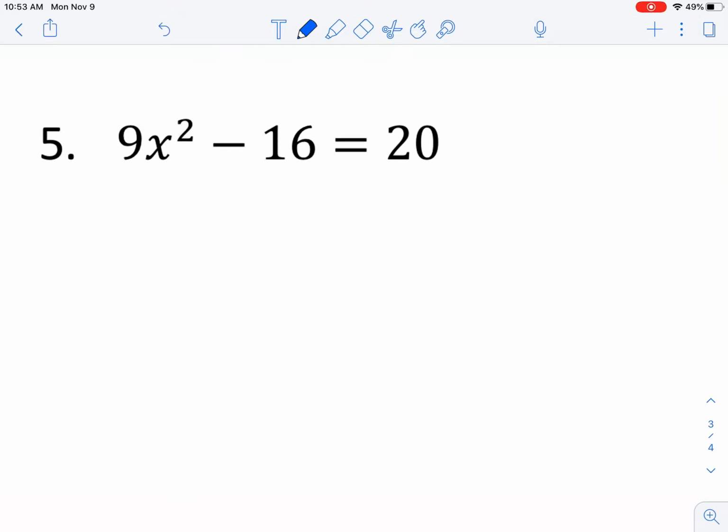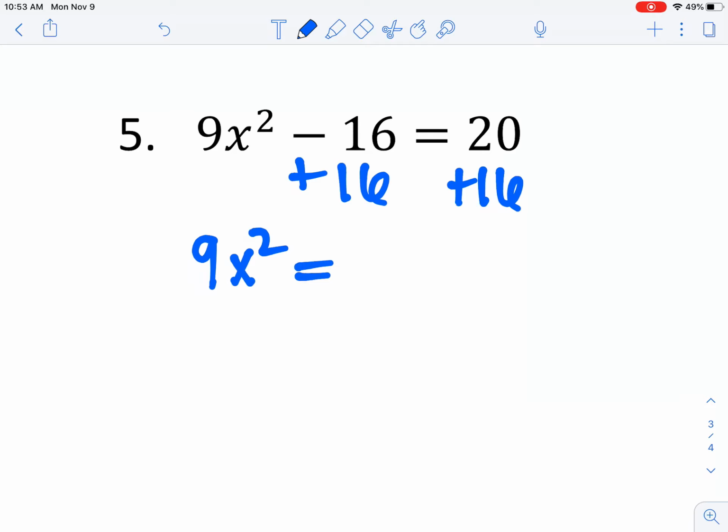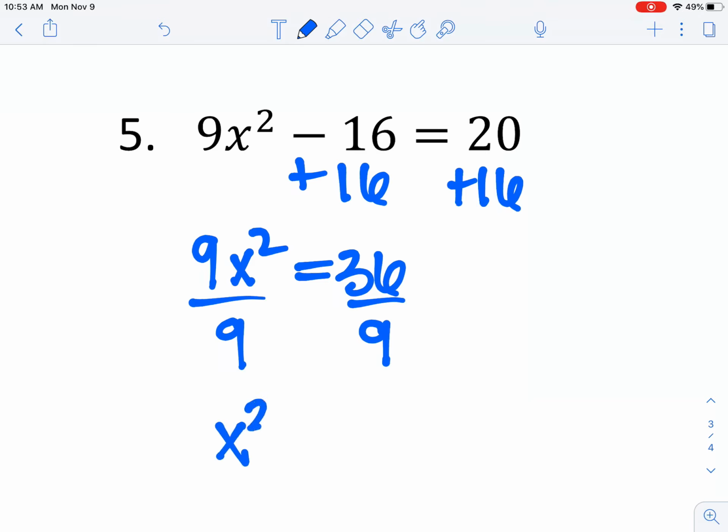This one looks like a square root method one to me as well. We could subtract the 20 over and then try and factor it as a difference of squares, but instead let's just use square roots. 9x squared will be 36. Then remember, we want to get x squared or whatever's being squared by itself, so x squared will be 4.